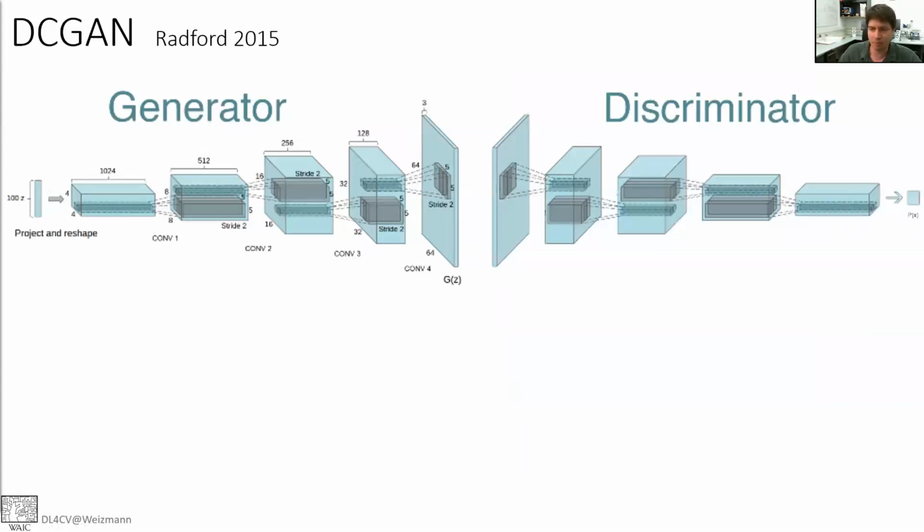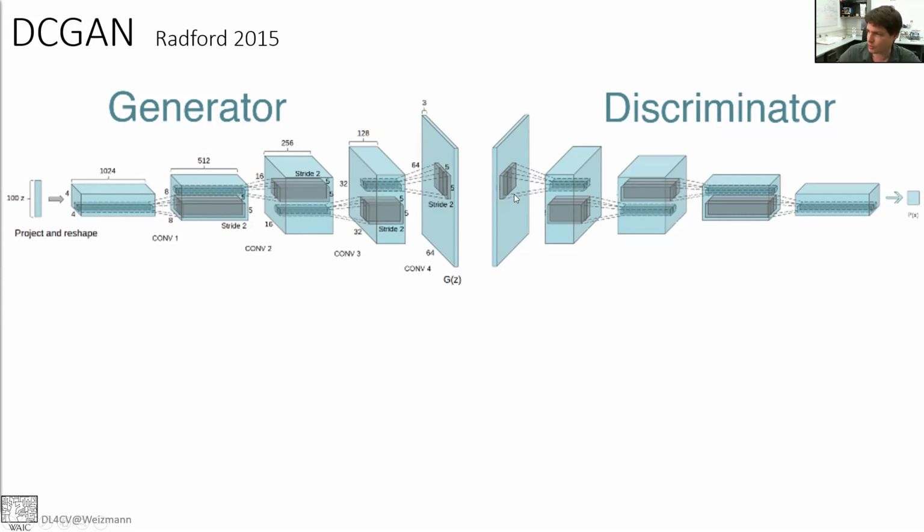A very important development arrived later on in 2015 by Alec Radford. This is called DC-GAN, Deep Convolutional GAN, and he used a convolutional neural network with this efficient architecture that everything was developed from later on. So you have this vector of noise with 100 dimensions, and then you do this reshaping, and then you have convolutional layers with transposed convolution to enlarge it, and then you get the image.